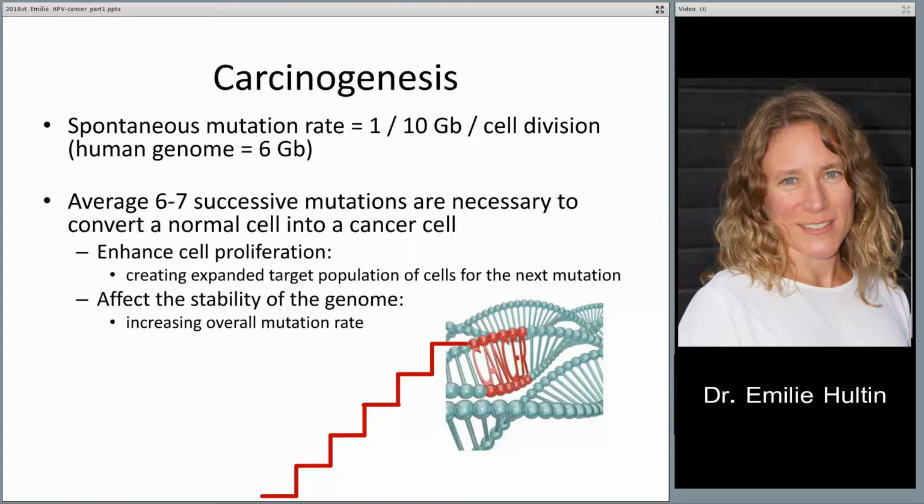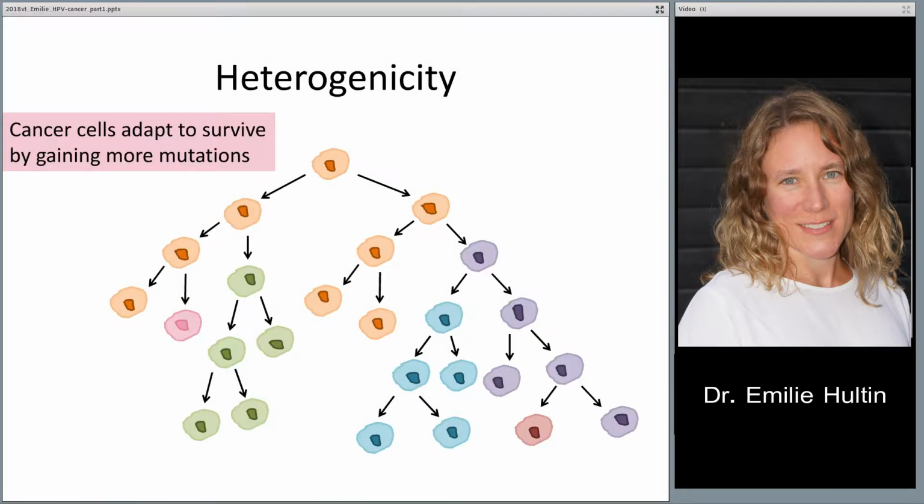It can also be mutations that affect the stability of the genome. So instead of just increasing cell division, it can increase the mutation rate instead. That could also give rise to more and more mutations. So eventually we might have 6, 7 mutations that give rise to cancer.